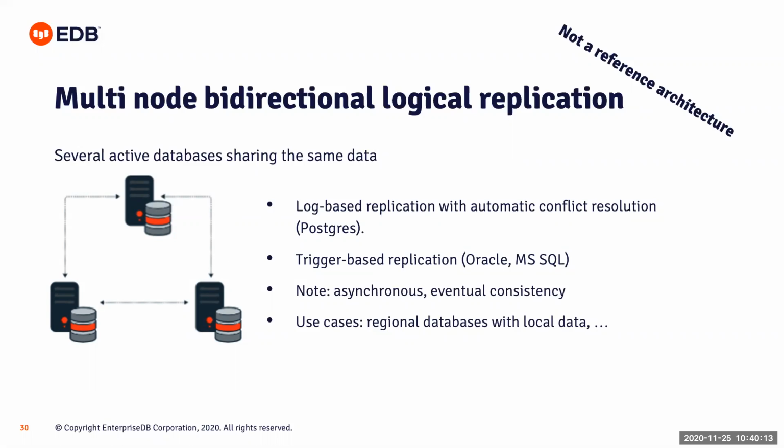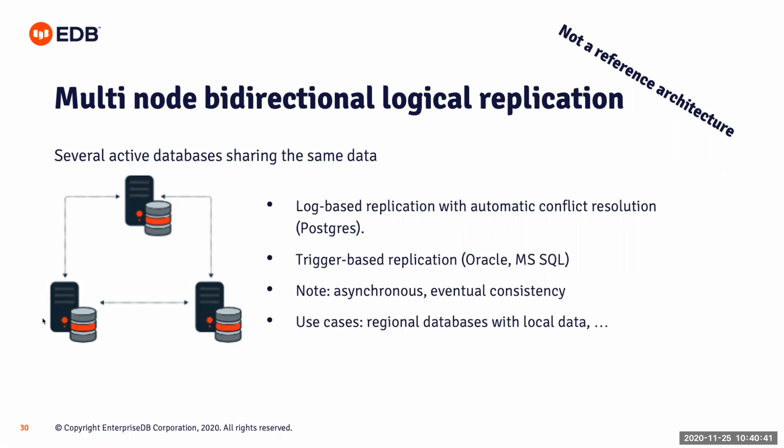Another thing that you need to be aware of is that you cannot treat this as you would a normal relational database with ACID compliance, so immediate consistency. You are in a situation where you have eventual consistency because a commit here needs to be replicated over here, and it's not happening instantly.